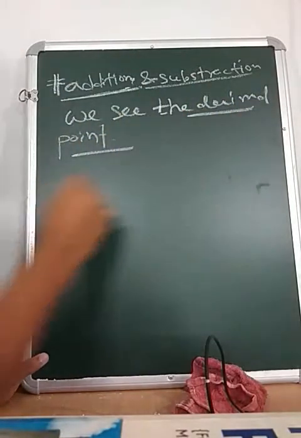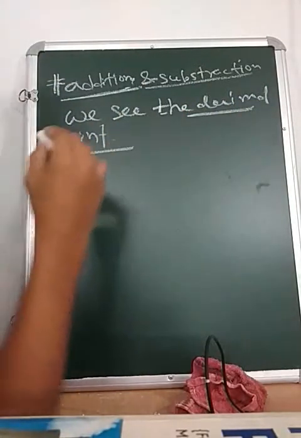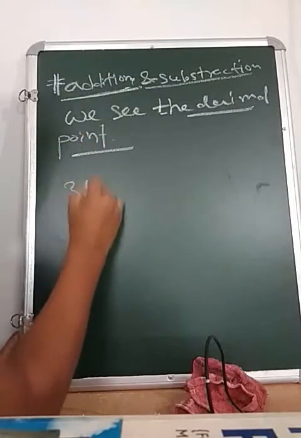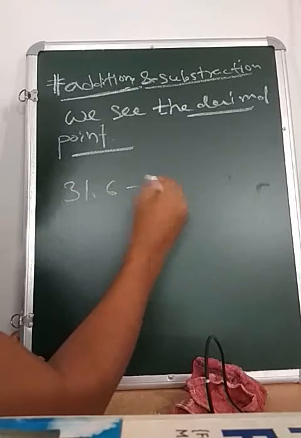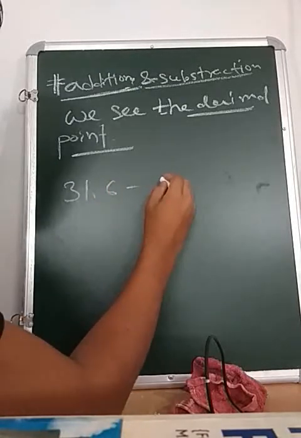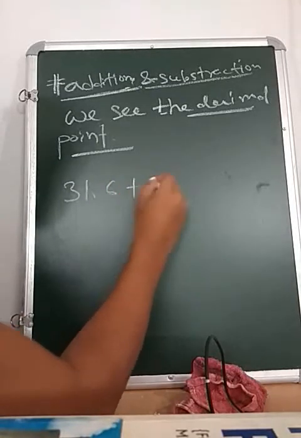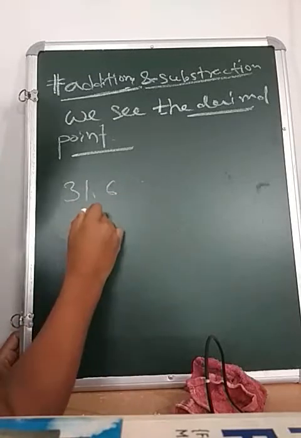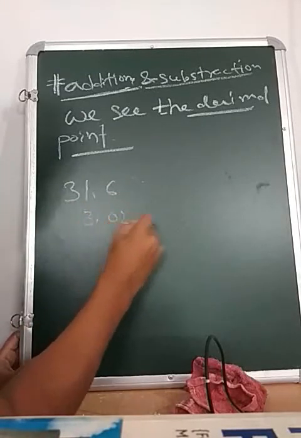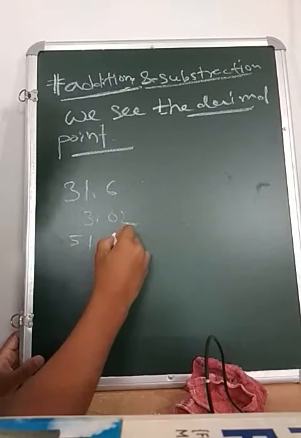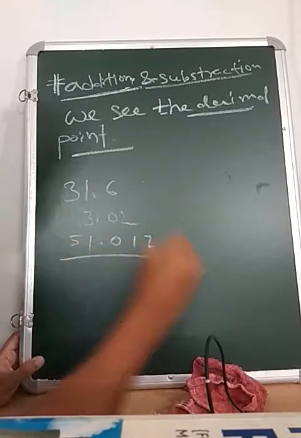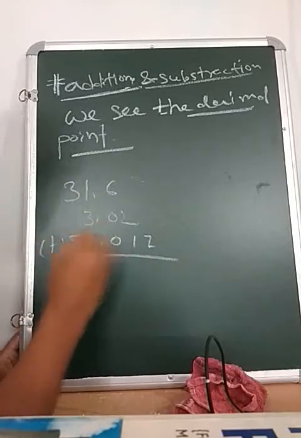Here I have not mentioned the significant figures; we see only the decimal point. So I am giving another example: 31.6 plus 3.02 plus 51.012. This is addition.